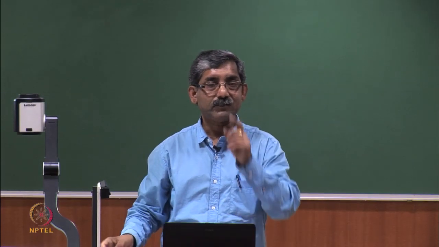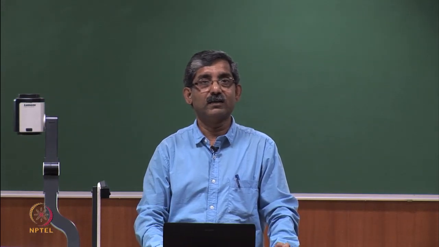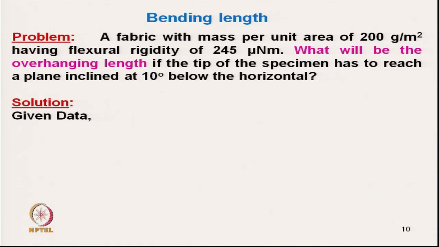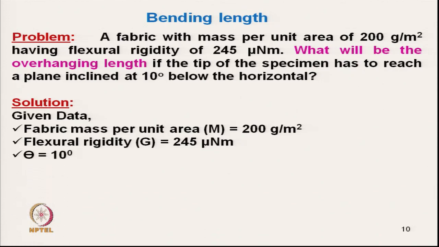Now, the solution: the data given here are the fabric mass per unit area, 200 grams per square meter, flexural rigidity G equal to 245 micronewton meters, and theta is given as 10 degrees, and we have to calculate the overhanging length.